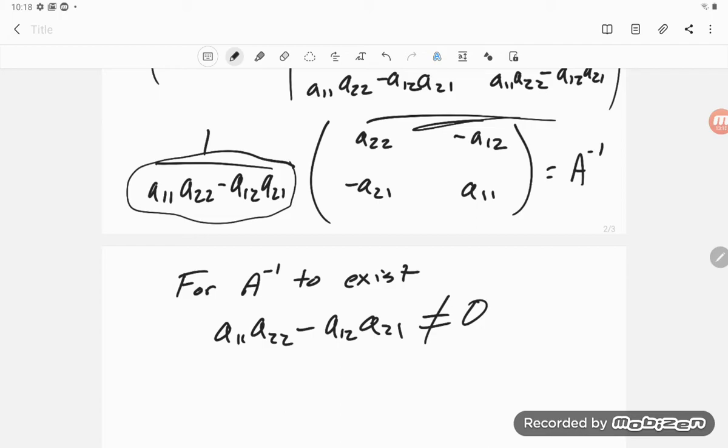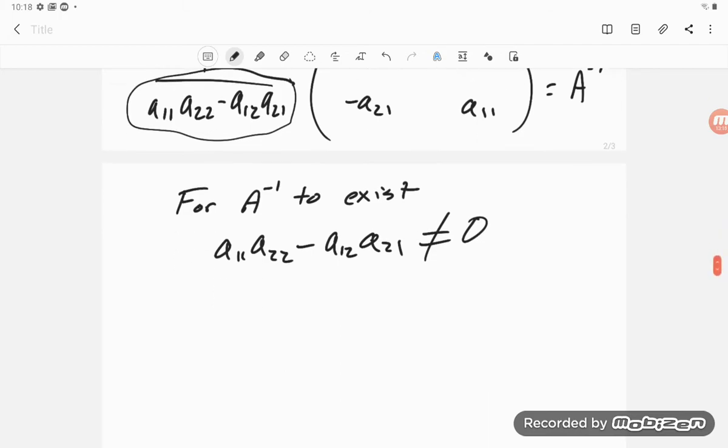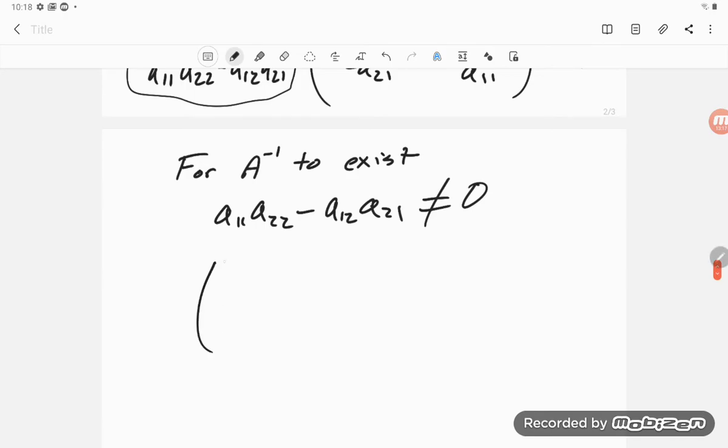And now let's look back at the matrix that we started with, A11, A12, A21, and A22. Notice I said, well, let's assume A11 is non-zero, A21 could be 0, but if it wasn't, we could just flip them.